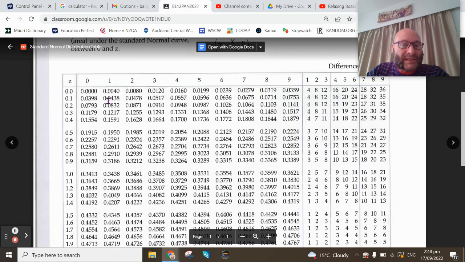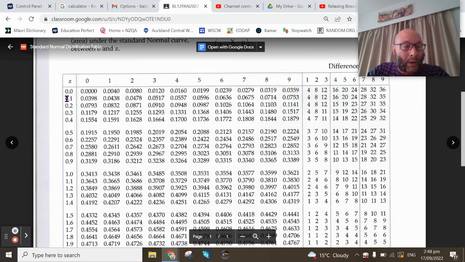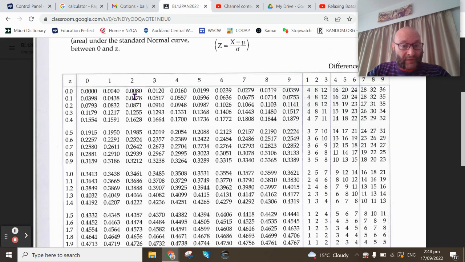So we're looking for the 0.05, a little too small, a little too big. So this 0.0478 or 4.78%, we want to add a 22 to that 78, which tells me that 0.1.12 is part of the answer.